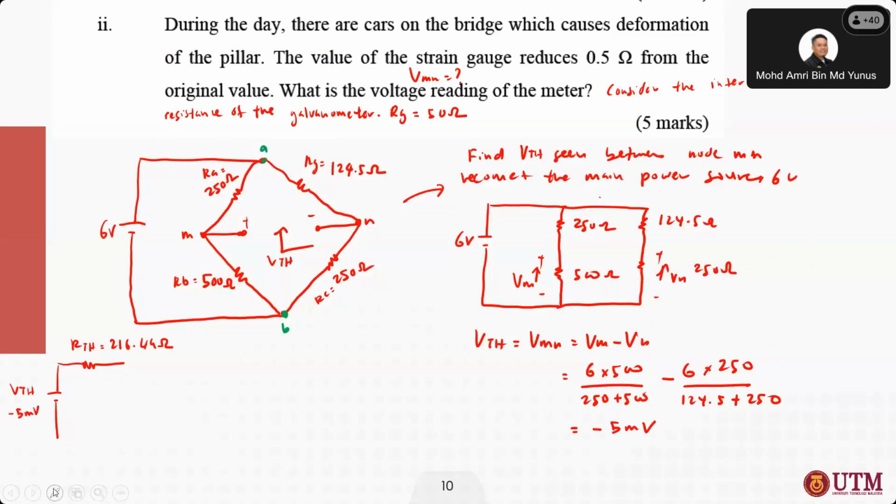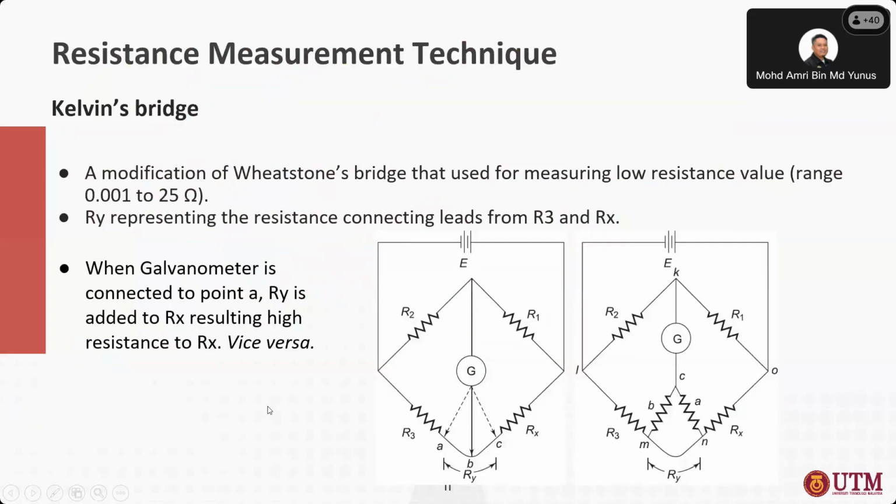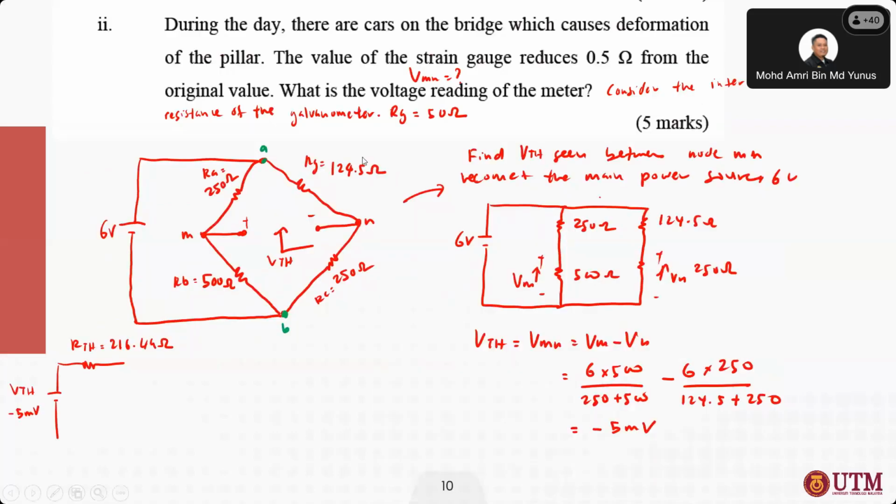Therefore, finally, what is the VMN? What is the voltage meter reading? So VMN, so it is our RG plus minus VMN and 50 ohm, 50 ohm.